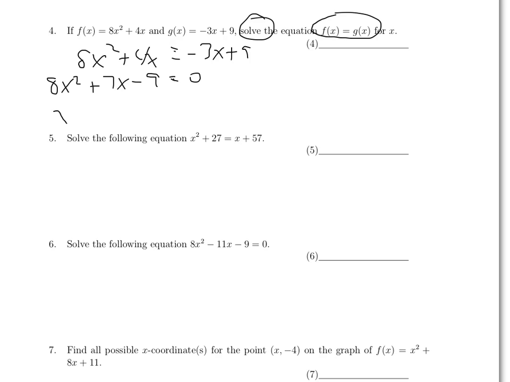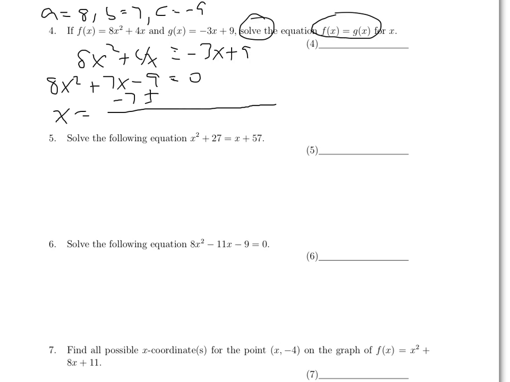So the quadratic formula says x is, giant fraction bar, minus b. So that's minus b. Remember, when they're in this order, this is a, this is b, and this is c. So I'm applying the quadratic formula with a equals 8, b equals 7, c equals negative 9.